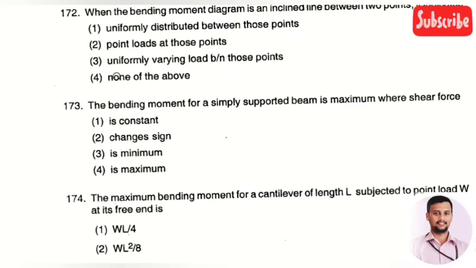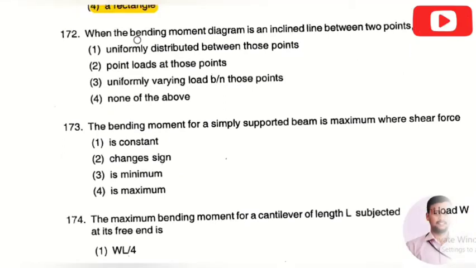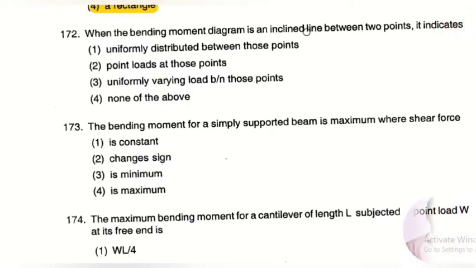The next question is, when the bending moment diagram is an inclined line between 2 points, it indicates: first, uniformly distributed load between those points; then point loads at those points; then uniformly varying load between those points; none of the above.